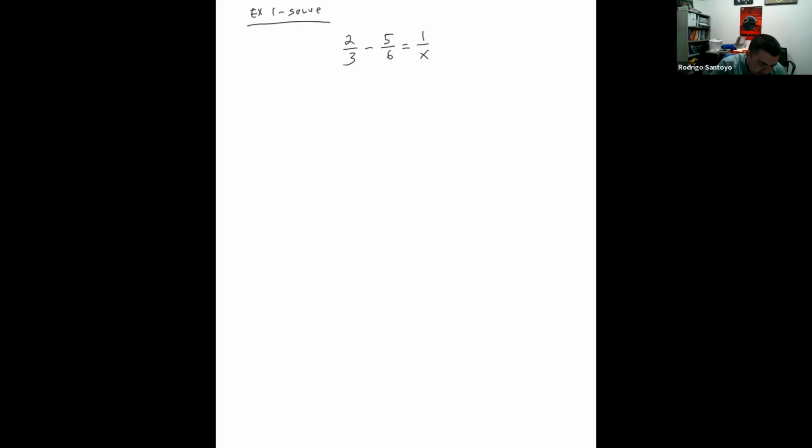It said first to factor. Well, we can't do anything for the first one. 6 is just 2 over 3, and then there we have 1 over x. So it's like we prime factorized that 6 to be 2 times 3.